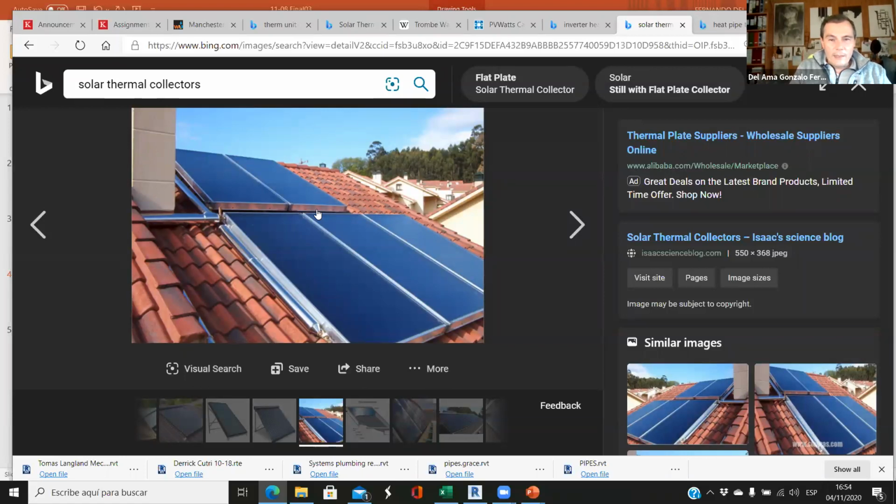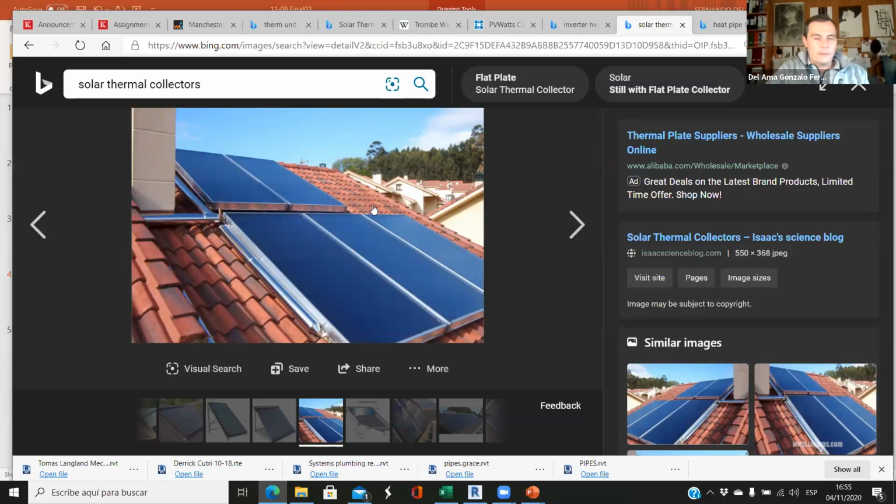But for example, in Spain, where I come from, using these kind of solar collectors is mandatory. So you can't design a building without using these solar thermal collectors. Why? Because we don't have this freezing issue here, and we have a lot of sun, and this is the cheapest and the most efficient solar technology. It's much better than the PV panels.